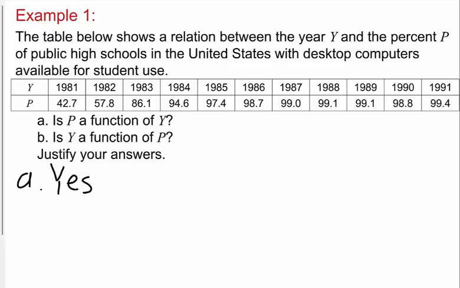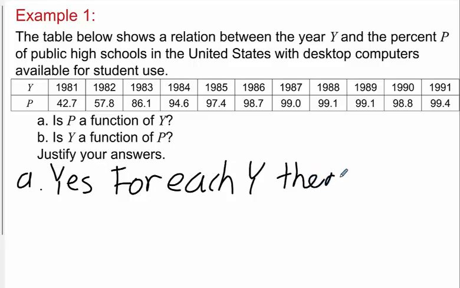And the reason, well, we can say that for each Y, there is only one P.